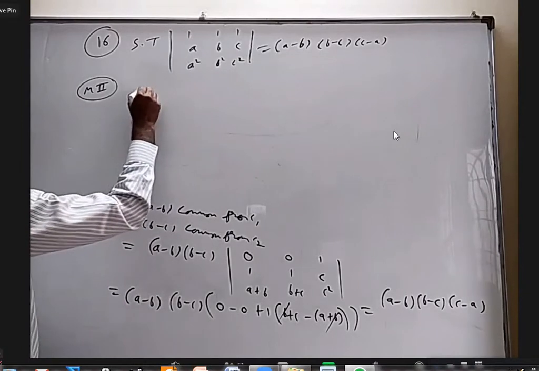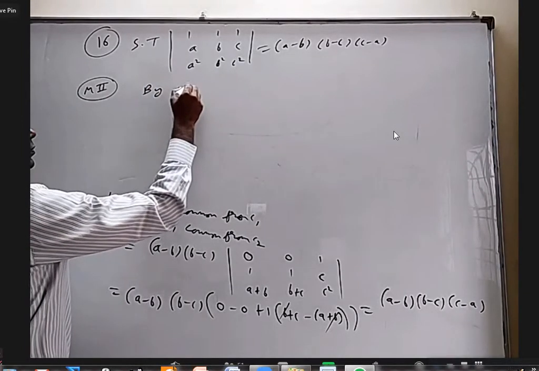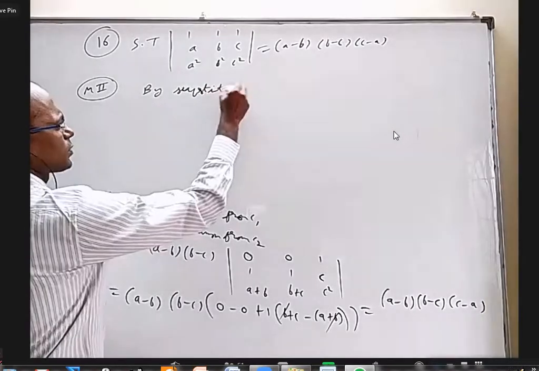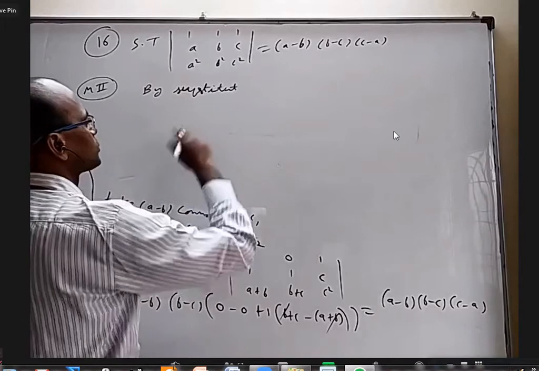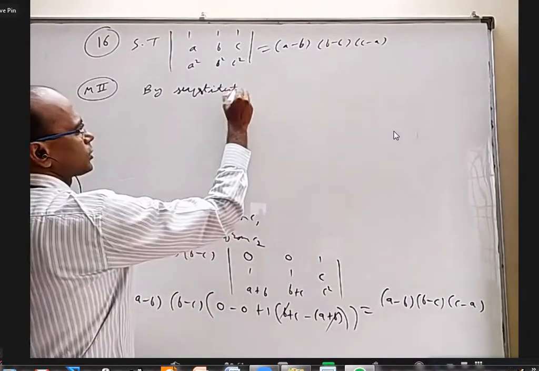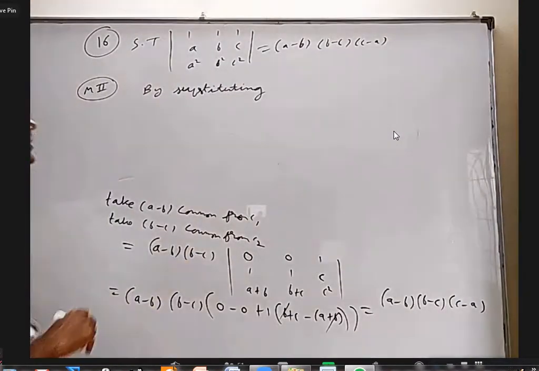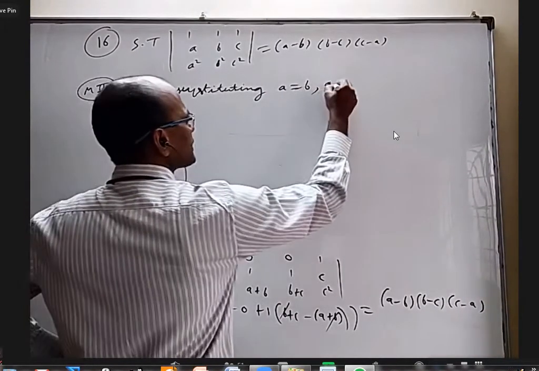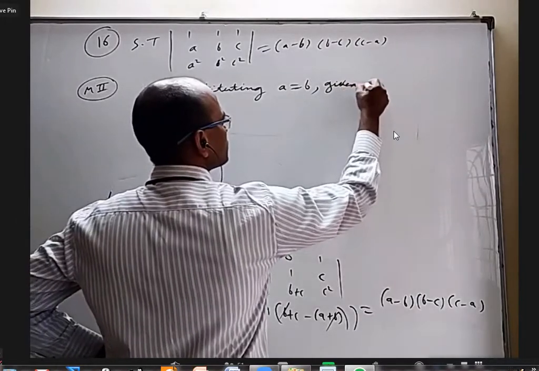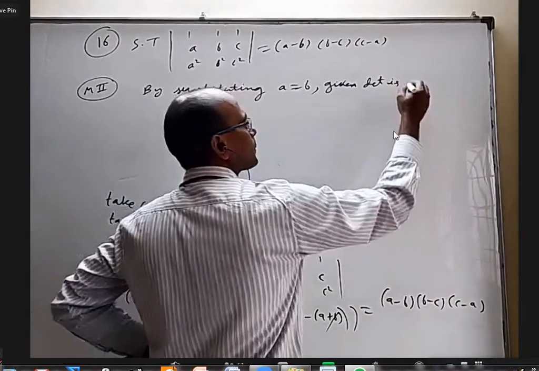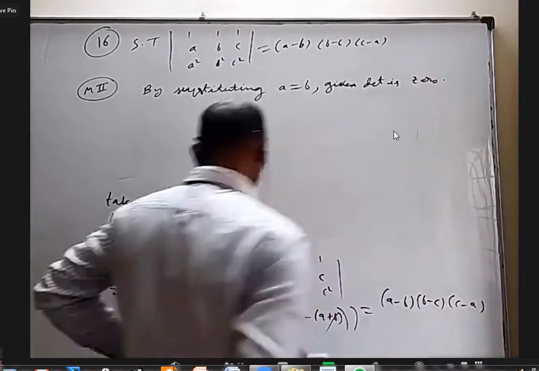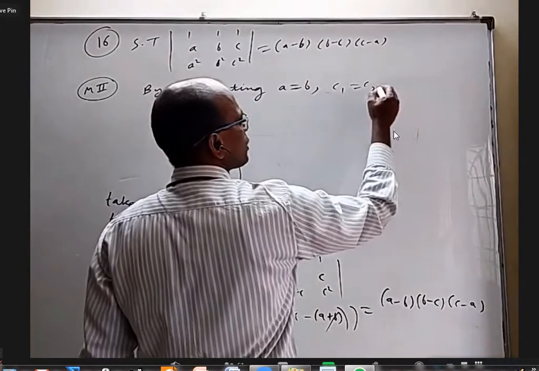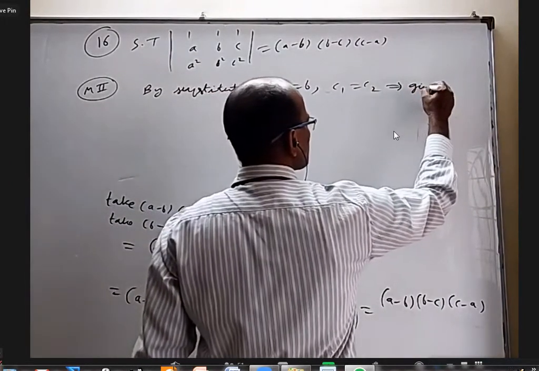By substituting a equal to b, column 1 equals column 2, which implies the given determinant is 0.